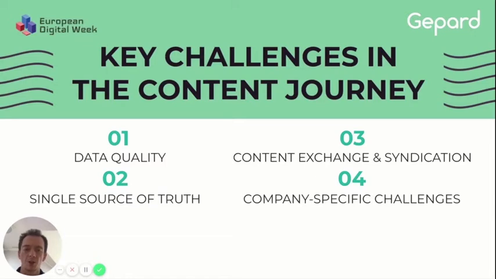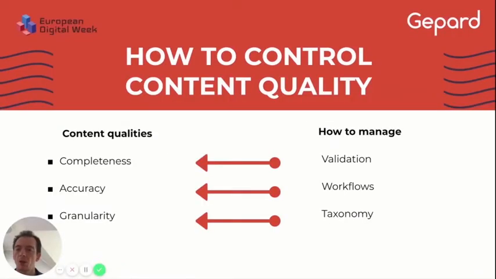The next challenge is how people actually exchange the content and syndicate it to their partners. So that's problem number three, and that's all about how exactly you deliver your content to your data consumers. And then the last challenge is all sort of company-specific challenges, which we will not focus on right now. We will focus on more general things.